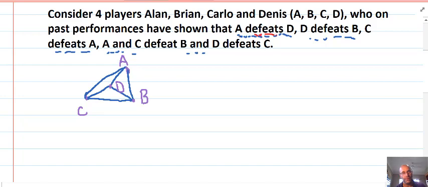The first bit of information, A defeats D, so we fire our little arrow towards the D. D defeats B in the next bit of information, so likewise an arrow heading towards the B. Then C defeats A, and A and C both defeat B, so they both have arrows pointing towards player B. The last one then is D defeats C, and that's drawn sort of as a tetrahedron shape on mine.